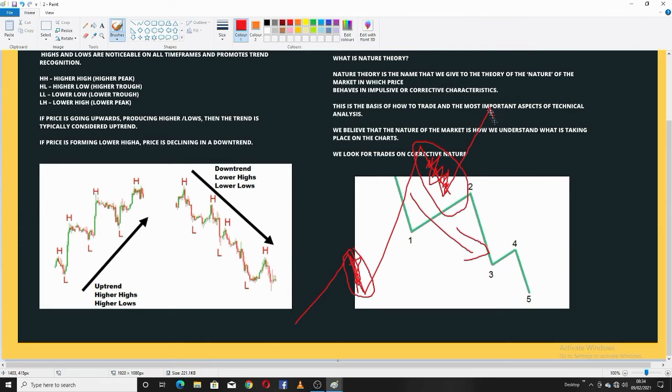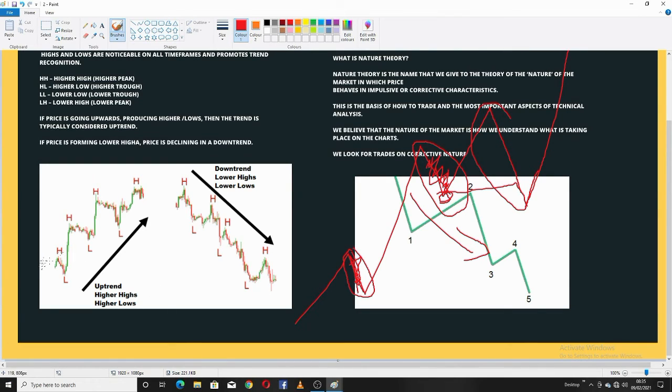And then when it gives a correction that comes to break this previous low, you are either looking for a correction of this move, or this move itself is a correction to another side. So it's a bit tricky, but you will understand.